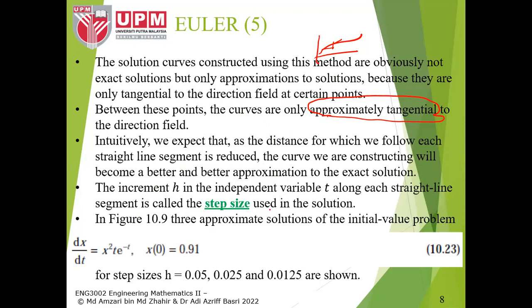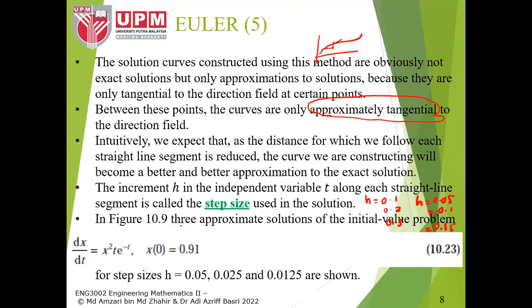For example, with a step size of 0.1, it becomes 0.1, then 0.2, then 0.3. If your step size is 0.05, it becomes 0.05, then 0.1, 0.15, and the rest. So this is the step of calculation, the step size.